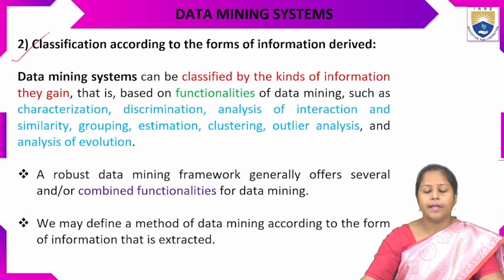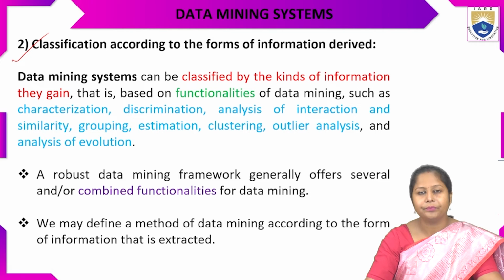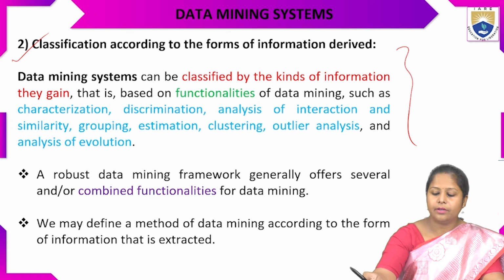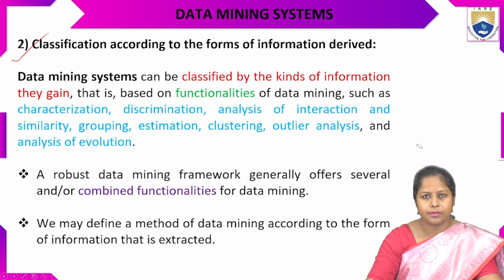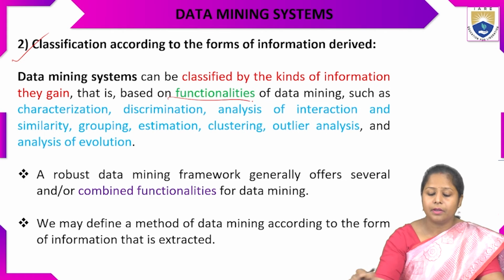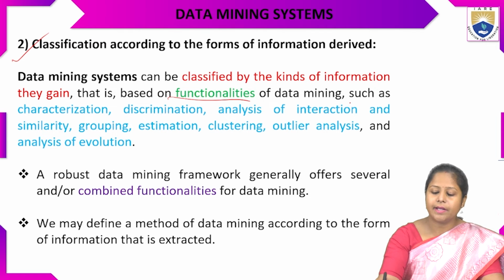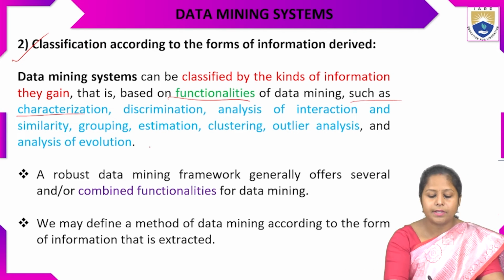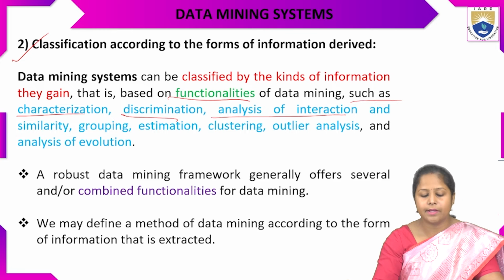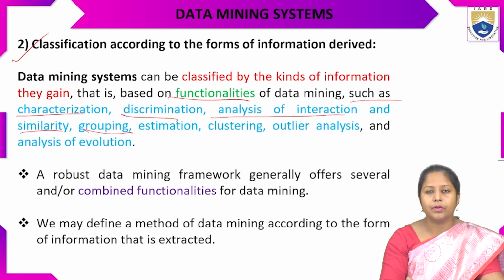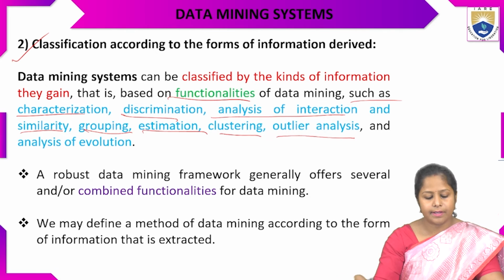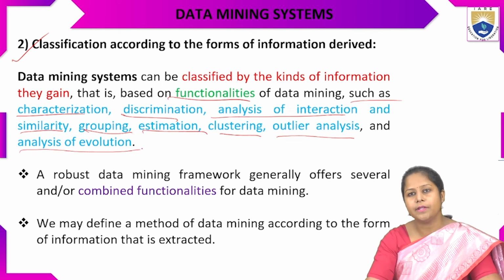Second is classification according to the forms of information derived. The data mining system can be classified by the kind of information it obtains, on the basis of its functionalities: characterization, discrimination, analysis of association and correlation, classification, prediction, clustering, outlier analysis, and evolution analysis.